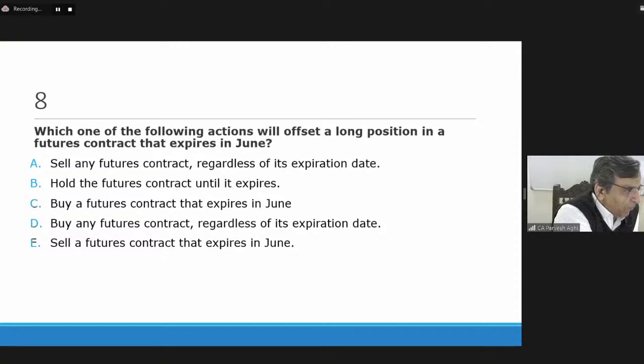Question number 8. Which of the following actions will offset a long position? So please answer this. I told you, if you have to offset, you have to take an equal and opposite position in the same expiring month, if you remember from when we were doing the question. So this will help you answer this question.